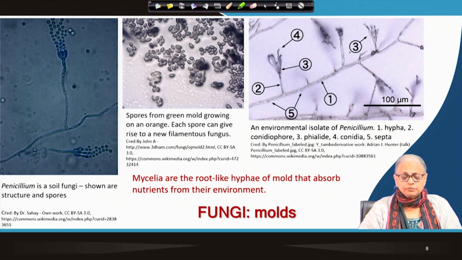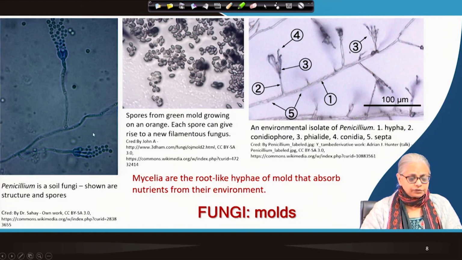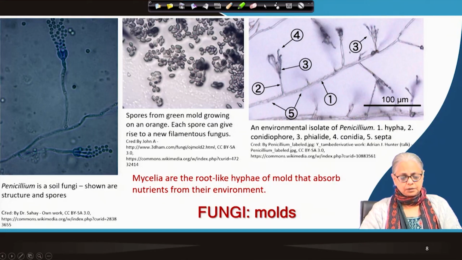Here are examples of fungi. So here we have penicillium. This is a soil fungi, and you can see the structure of the fungal cells and the spores. It's the spores that spread far and wide, and whenever they find a favorable environment, they will start breeding and reproducing over there. This is another example of a filamentous fungi, and you can't see the filaments in this, but you can see the spores.